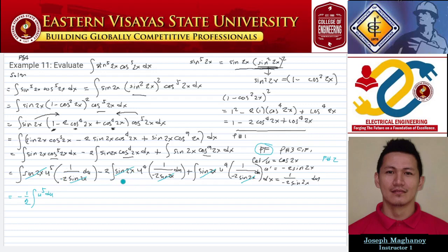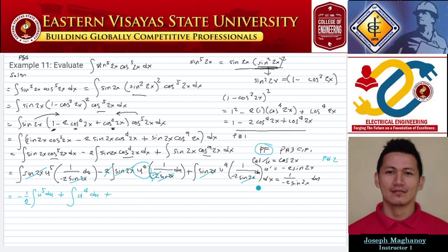Here at the second term, you have a common term, that is 2. You cancel out 2, but you still have a negative, so you need to multiply the existing sign. Negative times negative is positive. So your 2 is already cancelled out, and the remaining is integral of u raised to 4 du.